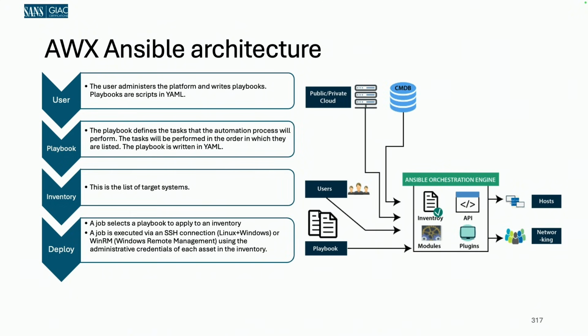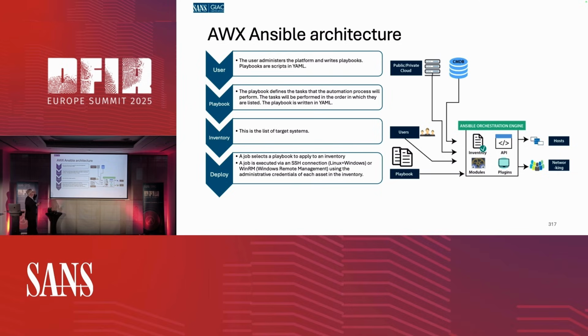AWX and Ansible architecture, in simple words: there is the user part, which is the administrator of the platform, and there is the person who writes the playbook, the scripts for Ansible. The playbook defines the tasks for the automation process that will be performed, in the order in which they are listed.